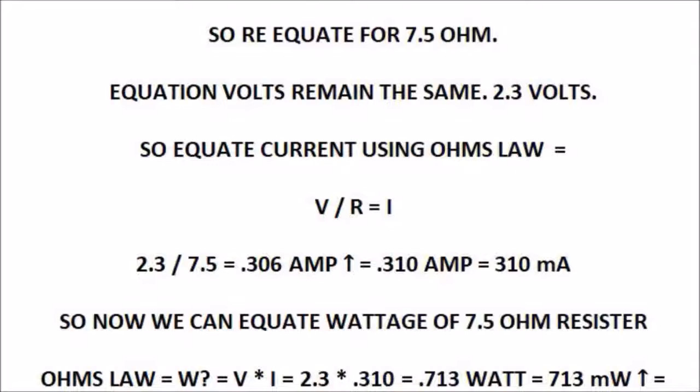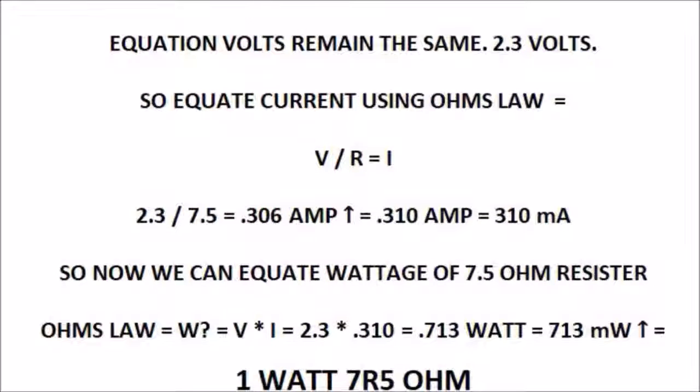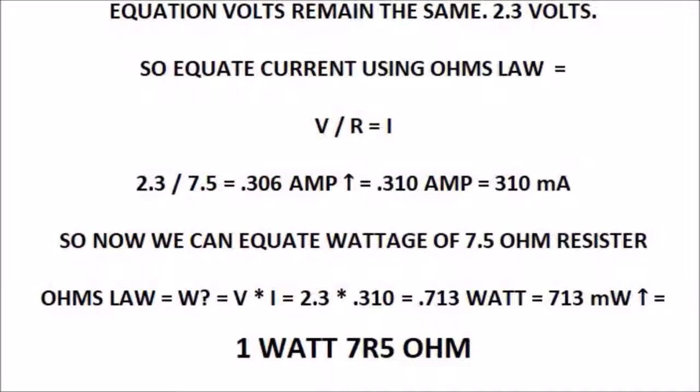But as we said before, you can't get a 713 milliwatt resistor, but you can get a 1 watt resistor. So we know that we've got 300 milliwatts of headroom for comfortable use of the resistor's wattage.